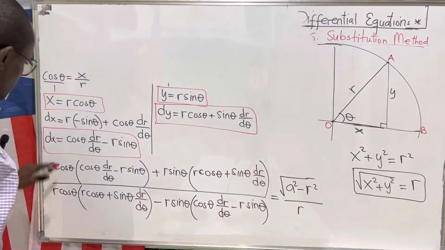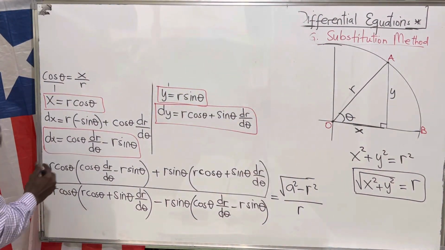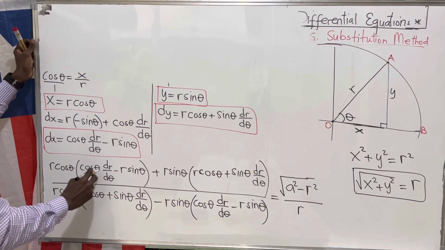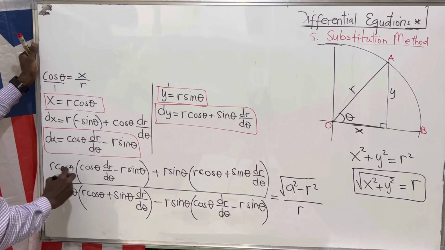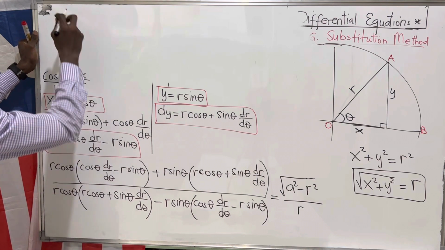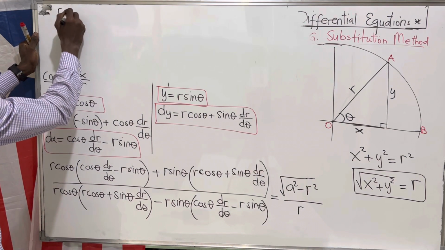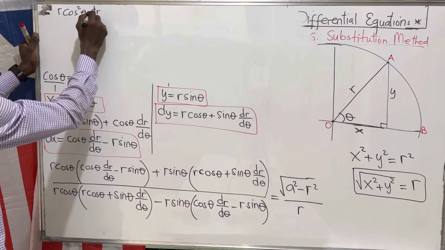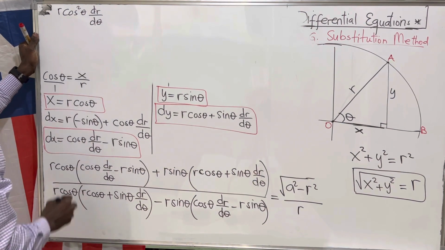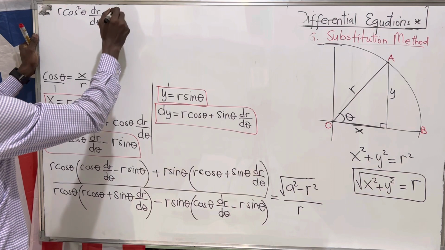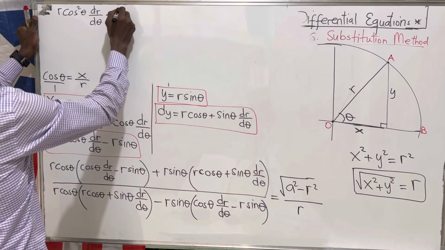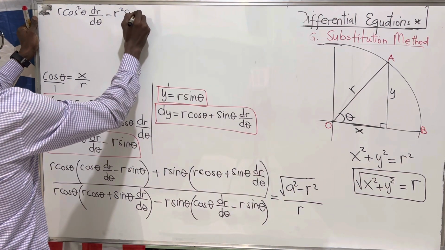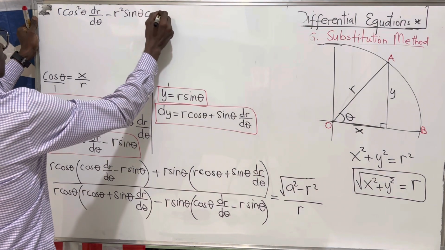Okay, so we can simplify the numerator. r cos of theta times r cos of theta times cos of theta is just r cos squared theta, dr over d theta, minus r times r is r squared sine of theta cos of theta.